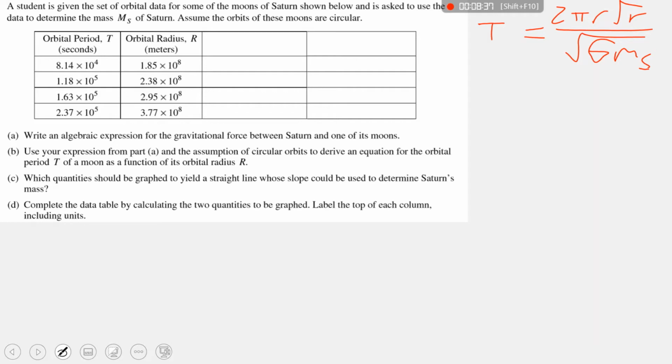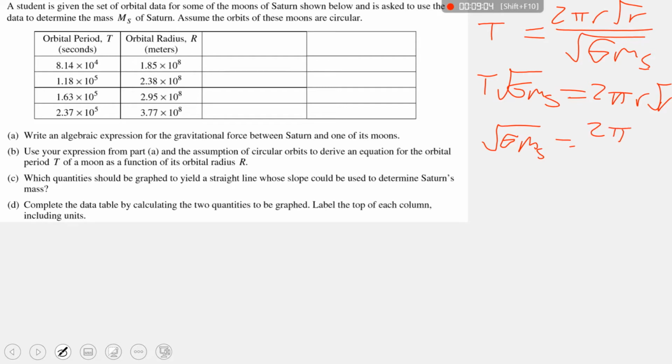So I'm going to throw it to the left side and we'll solve for M_s, and then we'll see what happens. So this will be T root G M_s is equal to 2 pi r root r. If I solve for M_s right now, what's going to happen?